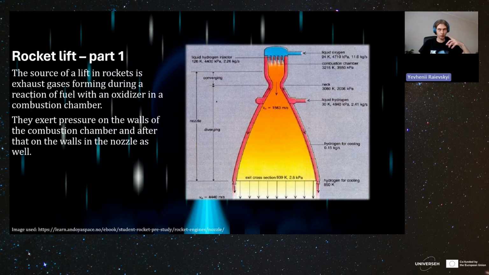So this is the direction where the rockets fly, up. But lift and speed are generated in the same place. The combustion of fuel of course occurs here.